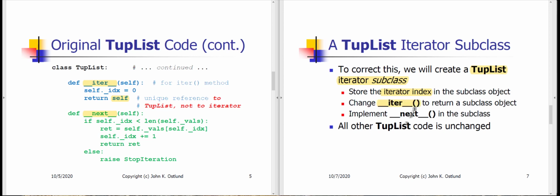The iter function in the TupList class itself will, instead of just returning the current TupList object, create and return a TupList iterator object. And then the next function will be changed to be part of the subclass rather than part of the TupList class, and it will return the correct value using that particular iterator.